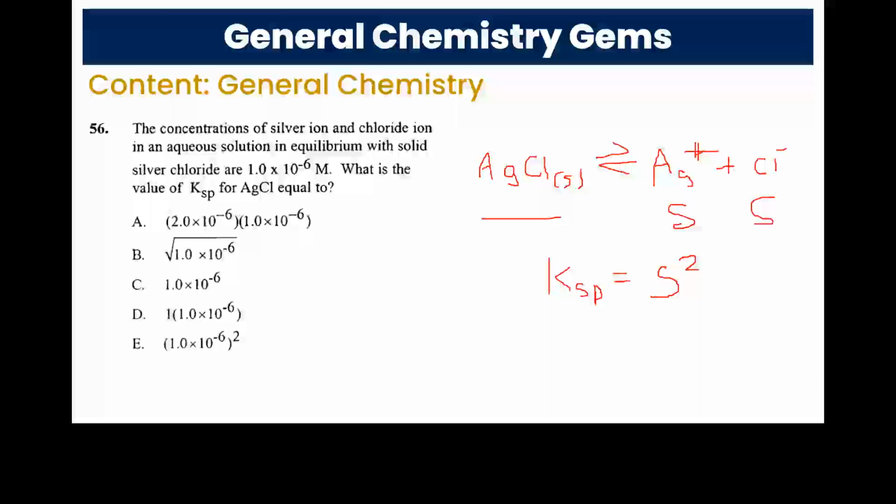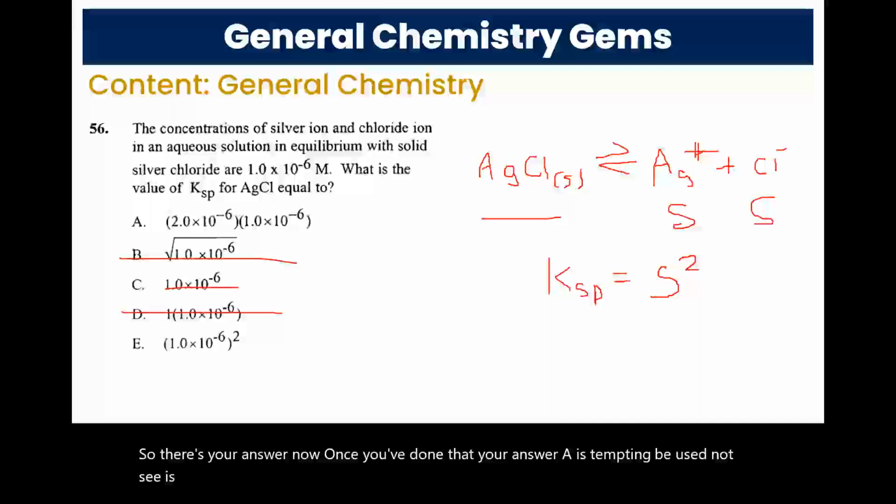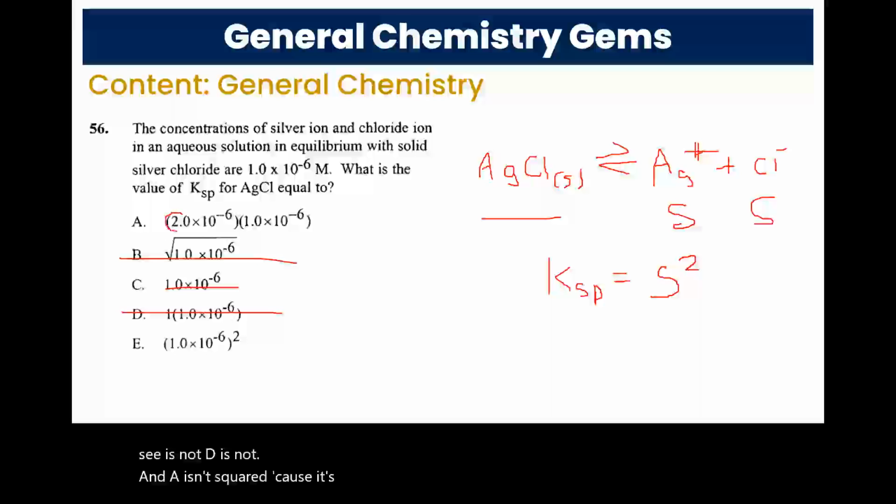Just S squared. So there's your answer. Once you've done that, you know your answer. A is tempting, B is not, C is not, D is not, and A isn't squared because it's got the 2. So watch out for that little goof.